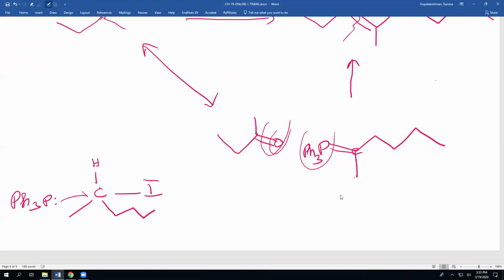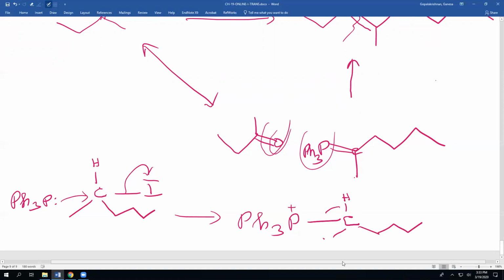And then you know the rest of it. It goes there, this Ph3P positive, and this has a hydrogen, and you have a methyl group and a butyl group. In the next step, it drops the proton and becomes this. So it is pretty simple.